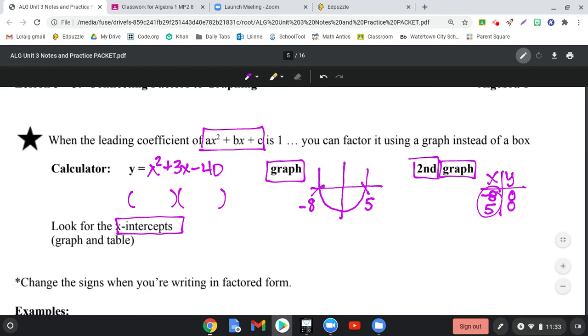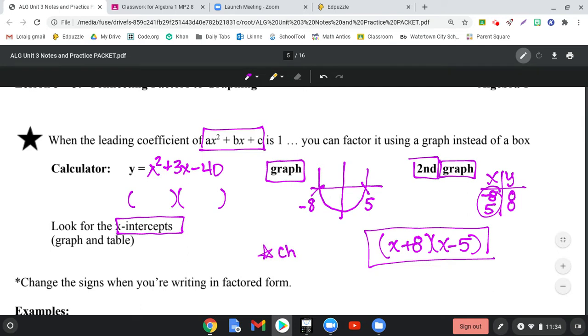You just have to remember to change the sign. So basically, it's x plus 8 and x minus 5, because negative 8 plus 8 gives you 0. 5 plus negative 5 gives you 0, and those are called zeros. So that's the only thing you need to remember with this method. Just change the signs.